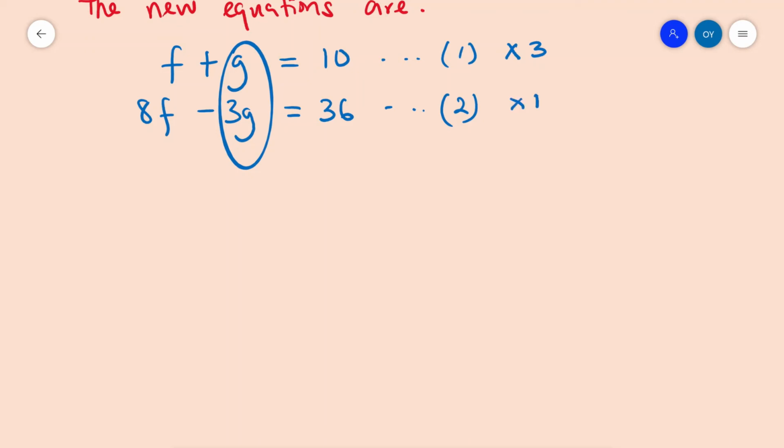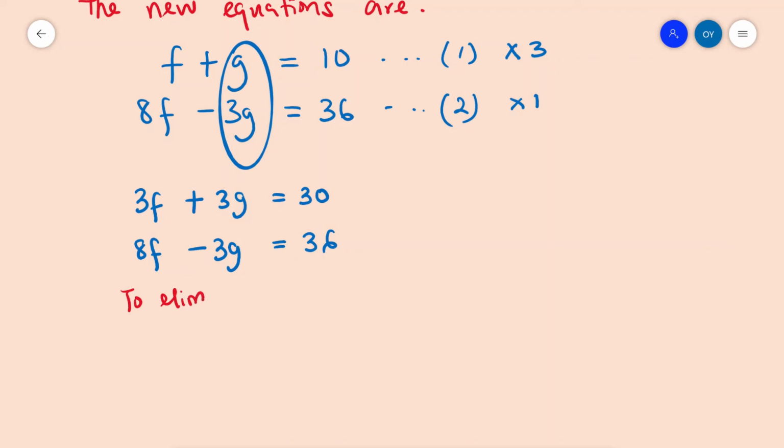So we want to eliminate g here. So we multiply equation 1 by 3 and multiply equation 2 by 1. So we have 3f plus 3g equals 30, and equation 2 remains the same, 8f minus 3g equals 36. Now we see that it's easy for us to eliminate the 3g's there.